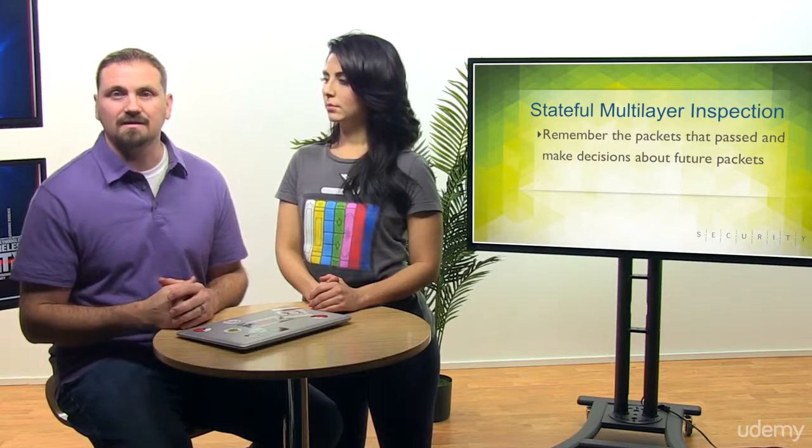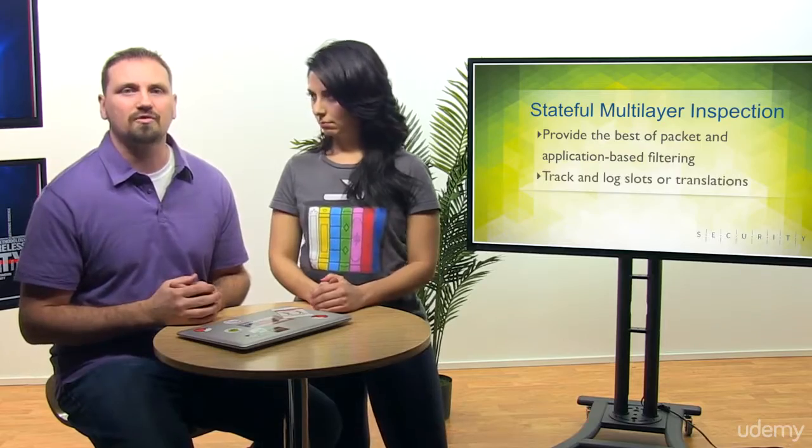That is overcome here. This type of firewall can remember the packets that pass through it earlier, and then will make decisions about future packets based on the states it remembered. These firewalls provide the best of both packet and application-based filtering. Cisco PIX firewalls are stateful. Stateful multi-layer inspection firewalls track and log slots or translations.